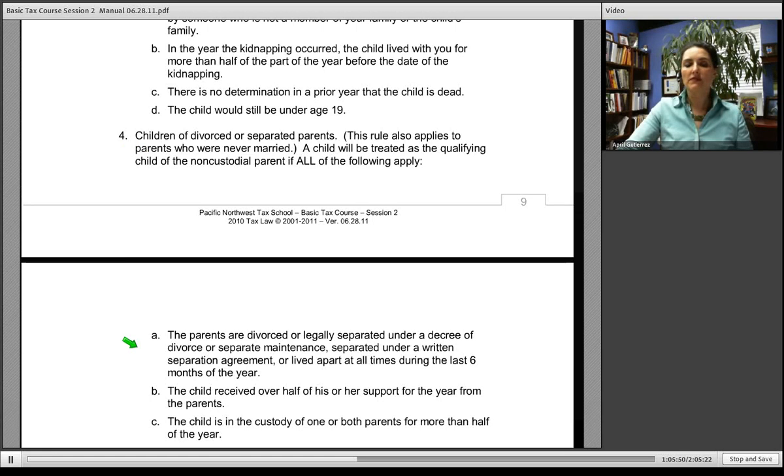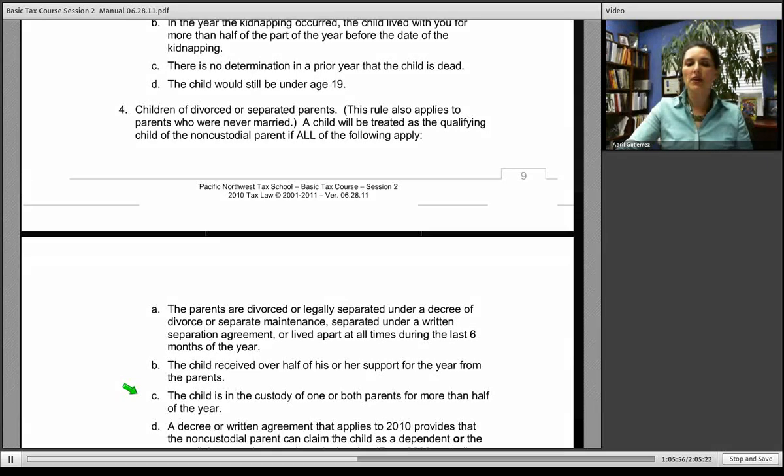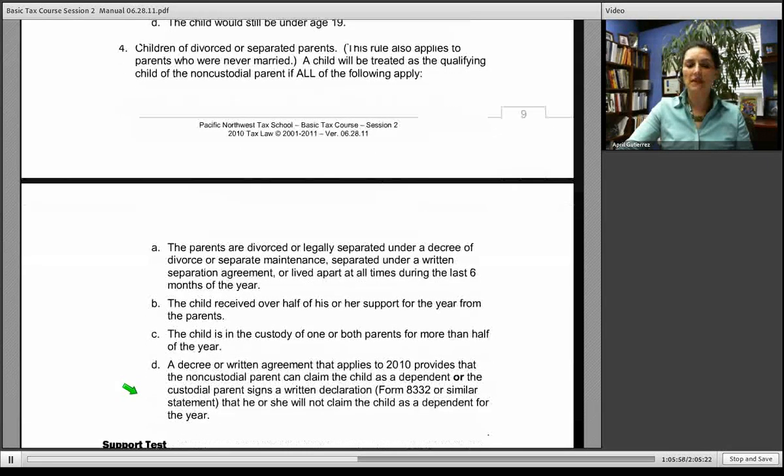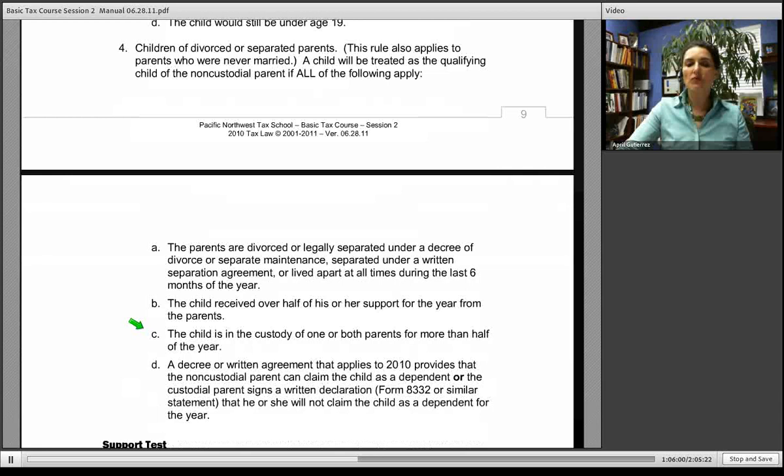The child received over half of his or her support for the year from the parents, and the child is in the custody of one or both parents for more than half the year, and a decree or written agreement that applies to 2010 provides that the non-custodial parent can claim the child as a dependent, or the custodial parent signs a written declaration, Form 8332, or similar statement stating that he or she will not claim the child as a dependent for the tax year.